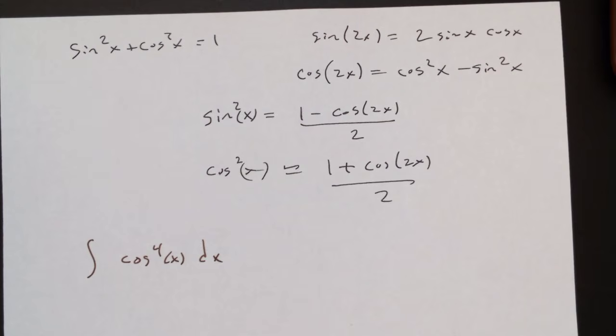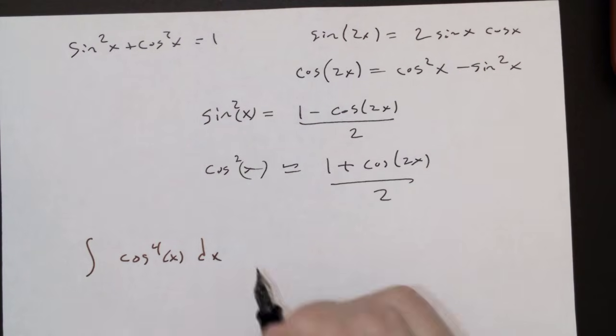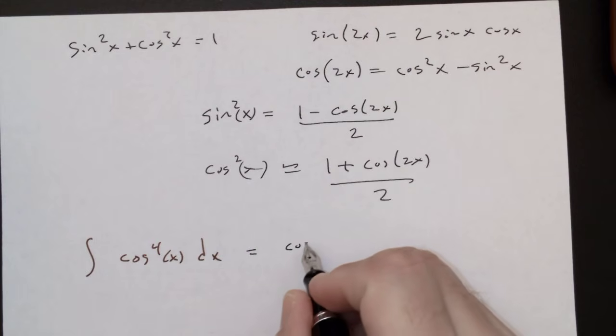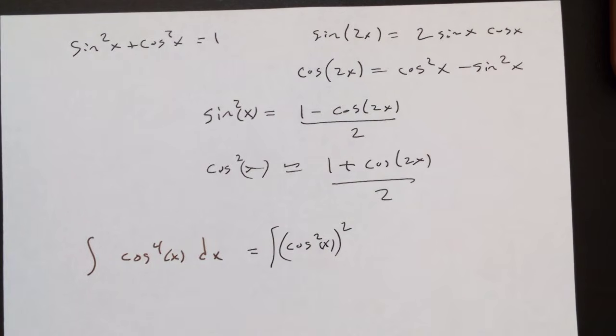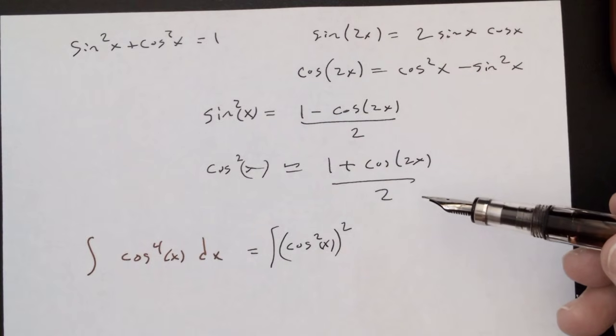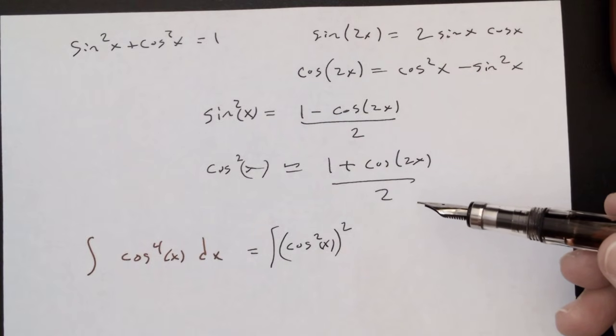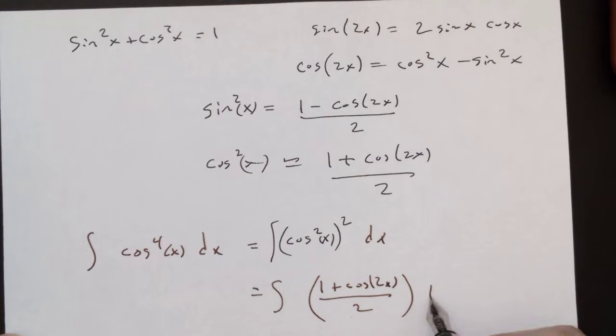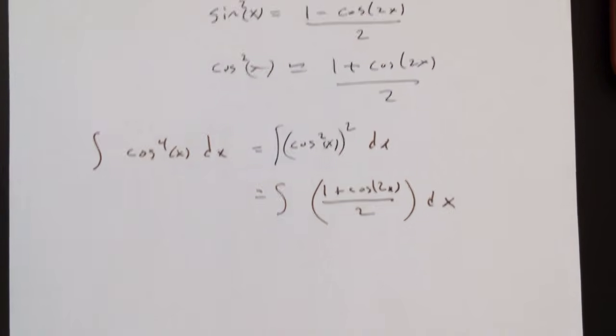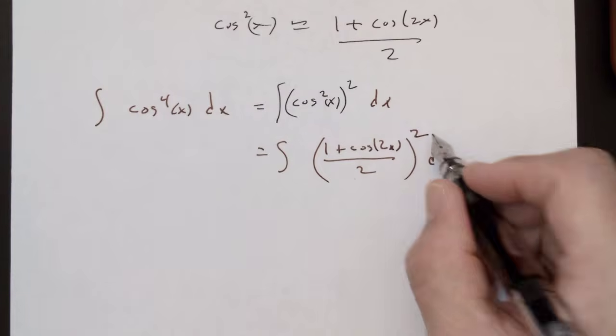I do know cosine squared. So cosine to the 4th is cosine squared squared. Aha. Cosine squared is right here. Ooh, I forgot my dx. But that needs to be squared out, right?